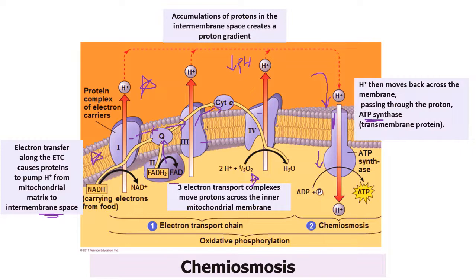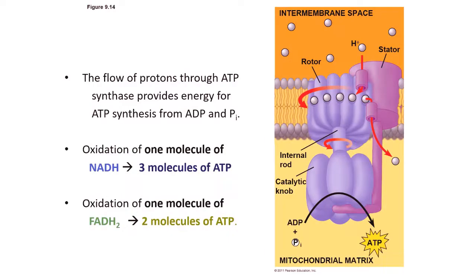H plus will then move back into the mitochondrial matrix by passing through ATP synthase, and this is what will generate the formation of ATP by adding inorganic phosphate to ADP. So the flow of protons through ATP synthase will provide energy for ATP synthesis. This is by addition of phosphate into ADP.